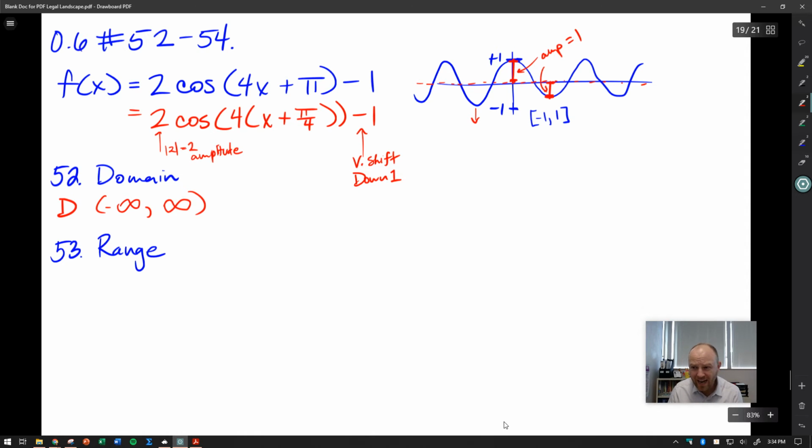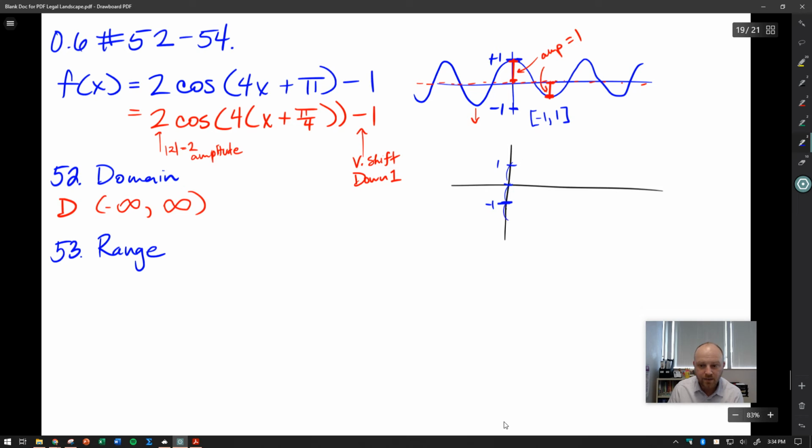So I think we have enough information to be able to talk about the range. So here's what's going on. We know we're going to shift down 1 space. So here's where we're thinking that the cosine function kind of begins. And then we know that the amplitude is 2. So if this is -1, we know we get as high as +1 now. We've gone up 2 spaces.